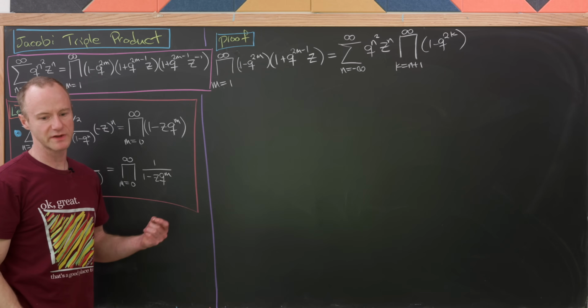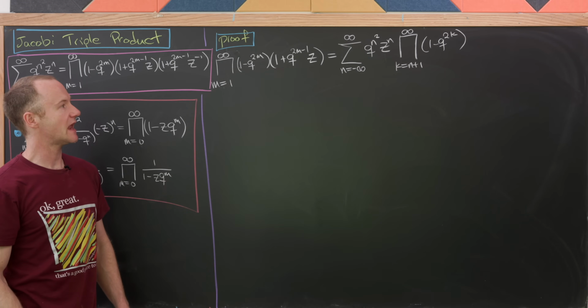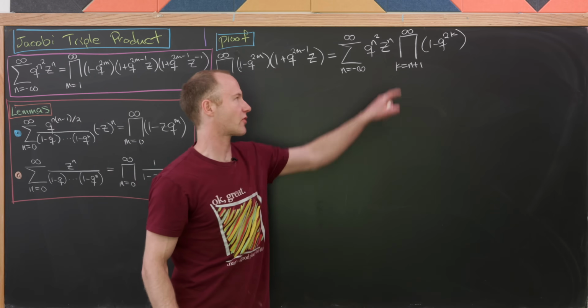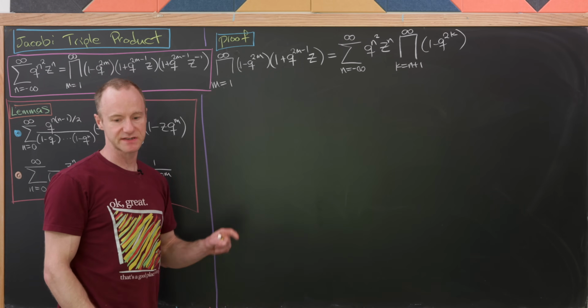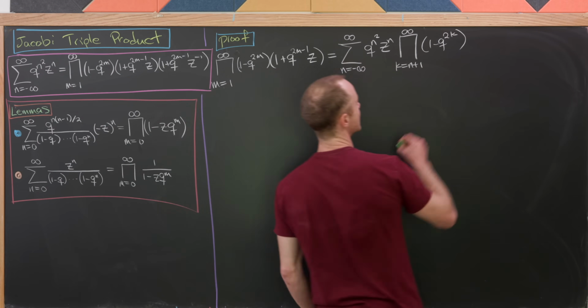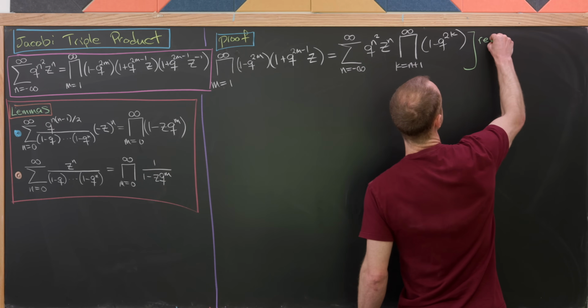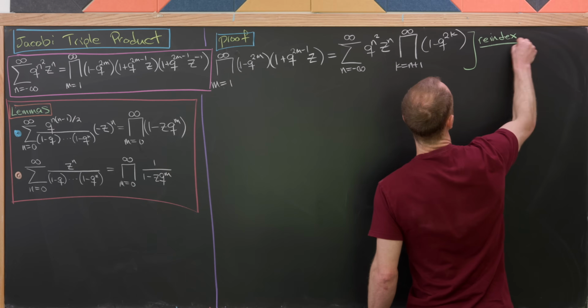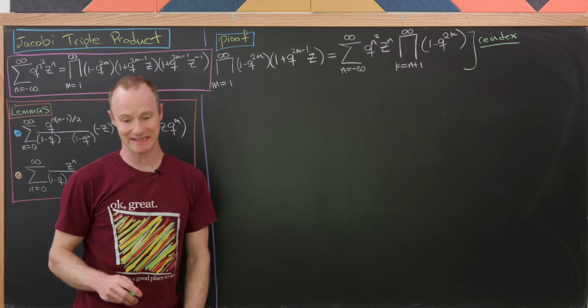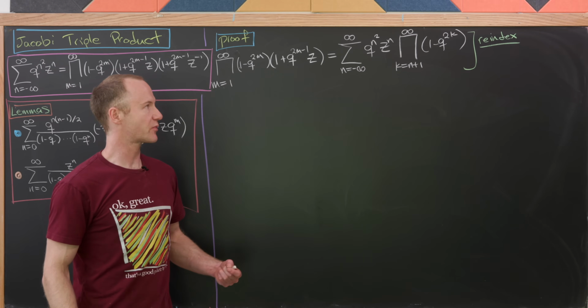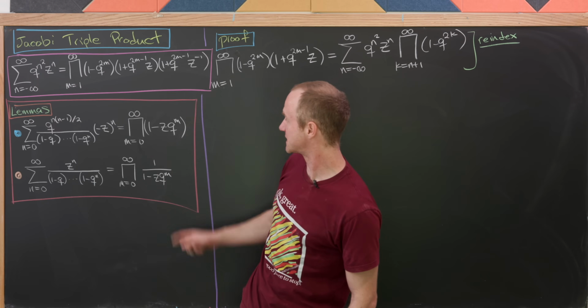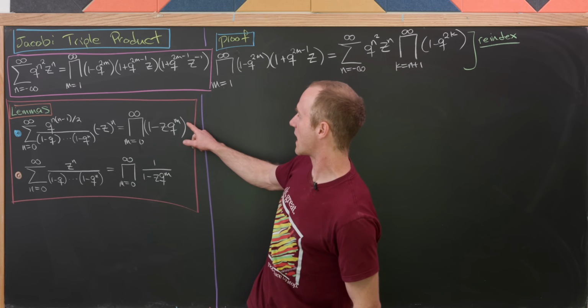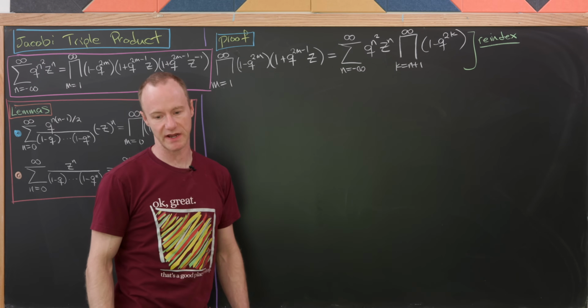Okay, so here's where we just ended up. And now what I'll do is I'll take this product that's inside of the sum on the right-hand side, and I'm going to re-index this. I'd like to re-index this so that the product starts at 0. Because if we've got the product starting at 0, perhaps it'll look like the right-hand side of this blue dot equation.